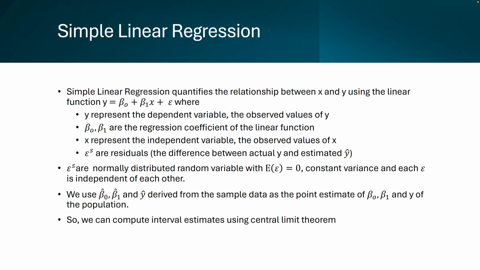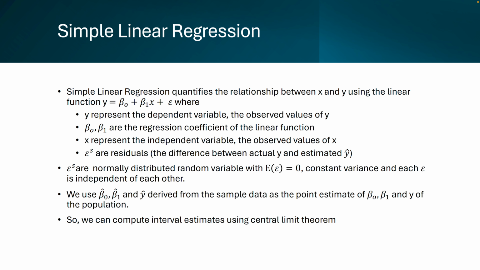Now we are only dealing with the sample data from the population for determining these relationships. So we don't get to know the beta naught, beta 1 and y at all. All that we get to know is the beta naught hat, beta 1 hat and the y hat, which are the point estimates of the population's beta naught, beta 1 and y.